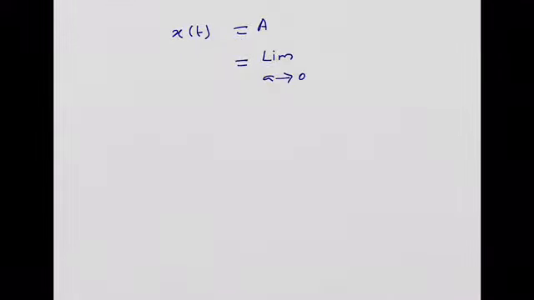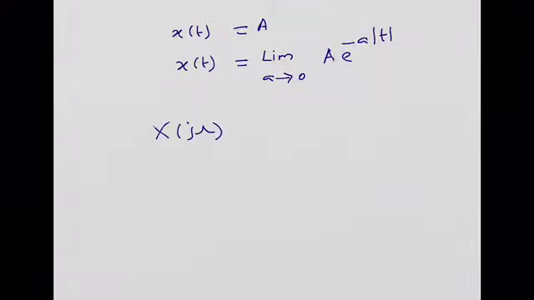I will summarize. When x of t is a constant, it has to be viewed as a double-sided exponential signal with the limiting condition a tends to 0, A into e power minus a modulus of t. This is x of t. It is to be treated as x of t. So if you apply Fourier transform, this will be equal to k times del of omega at omega is equal to 0 alone.